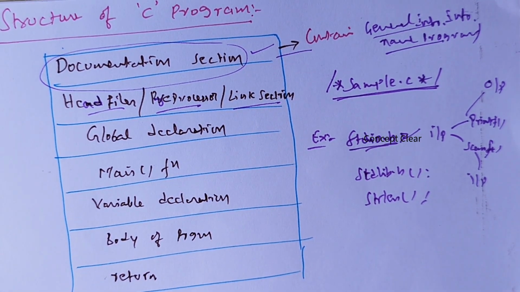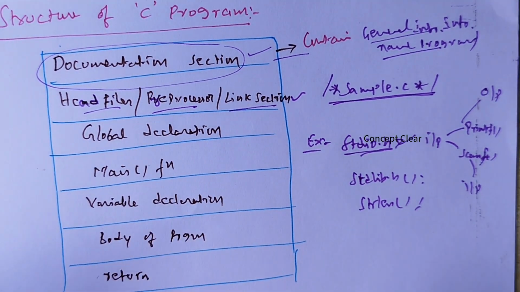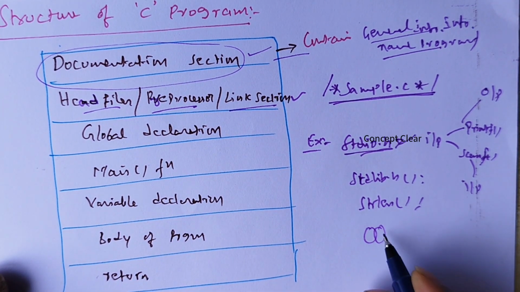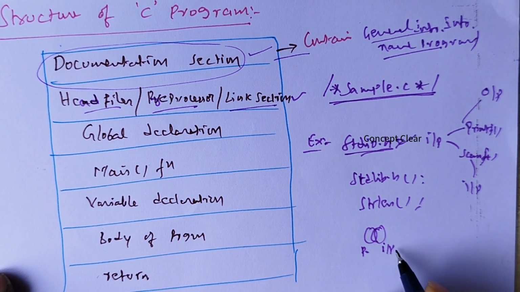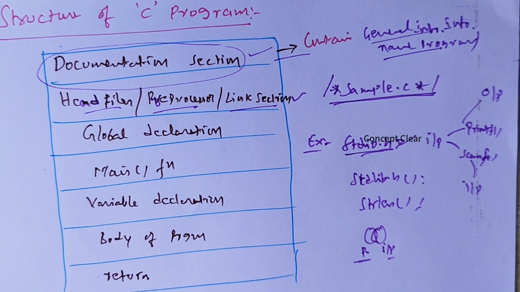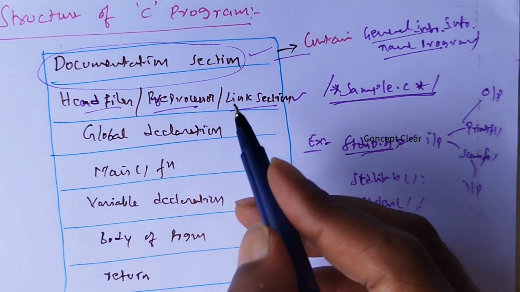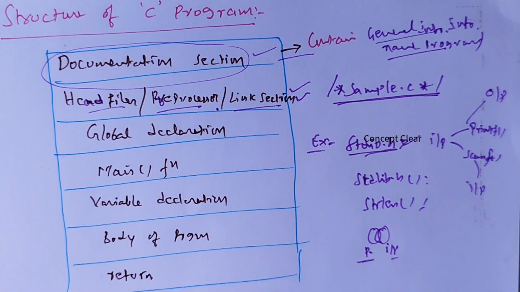In general terms, the header file section provides the link between the program and input output files, the input output devices. Clear?